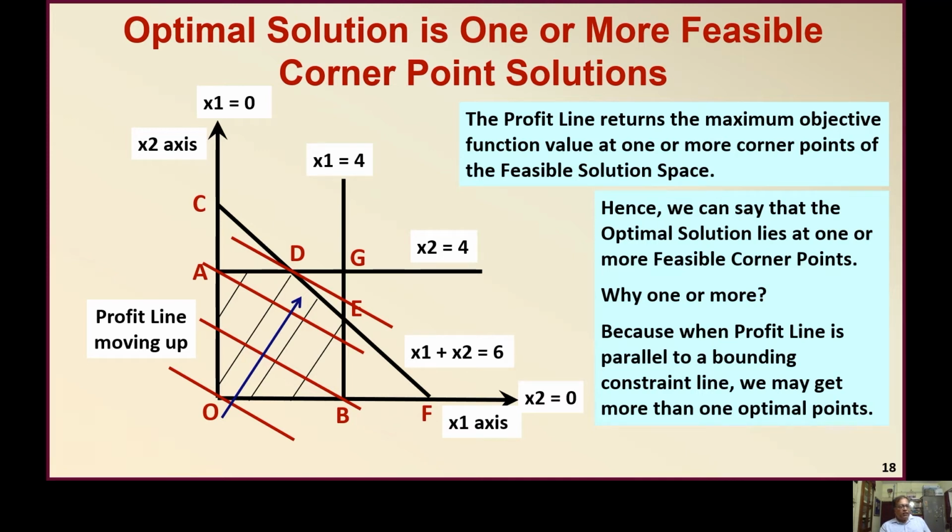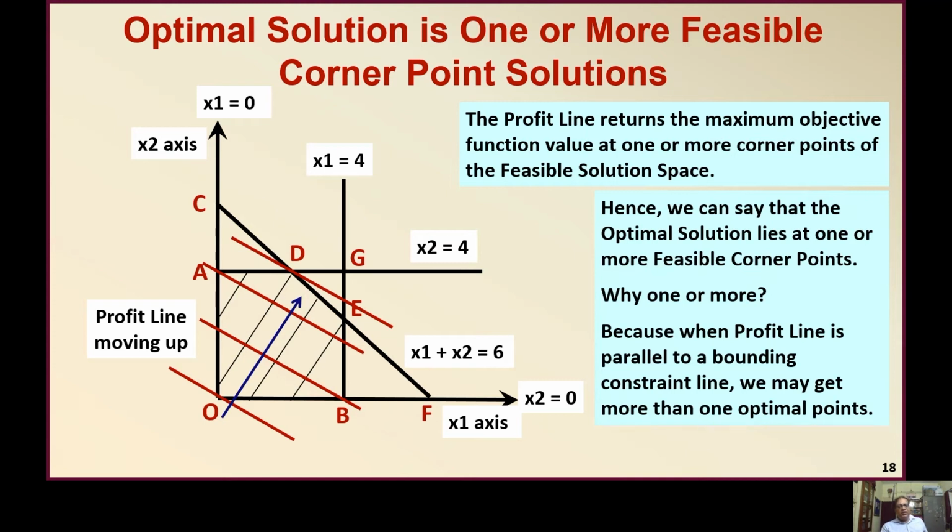After that, it will leave the solution space. So therefore, the maximum value will be returned both at point D and also at point E. Is it not? Since that is happening, you can say not only D and E, all points connecting D and E within that straight line are also going to be optimal. So those are some special cases when the profit line is parallel to one of the bounding constraint lines.